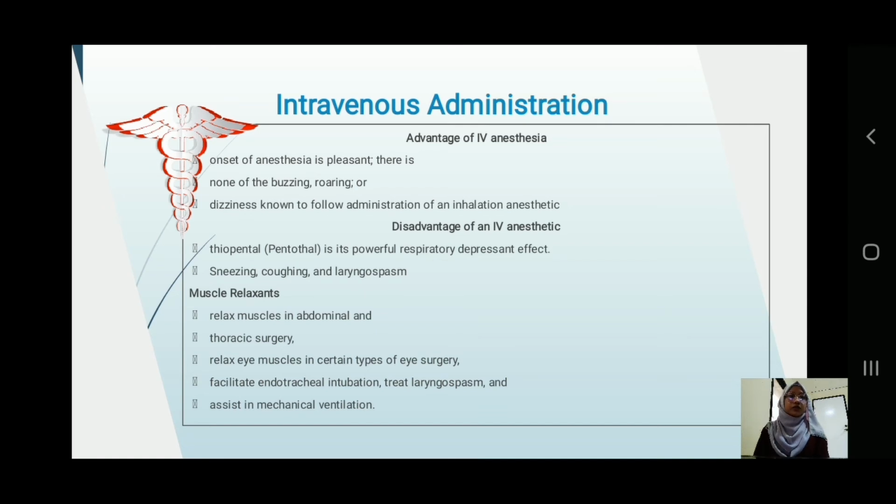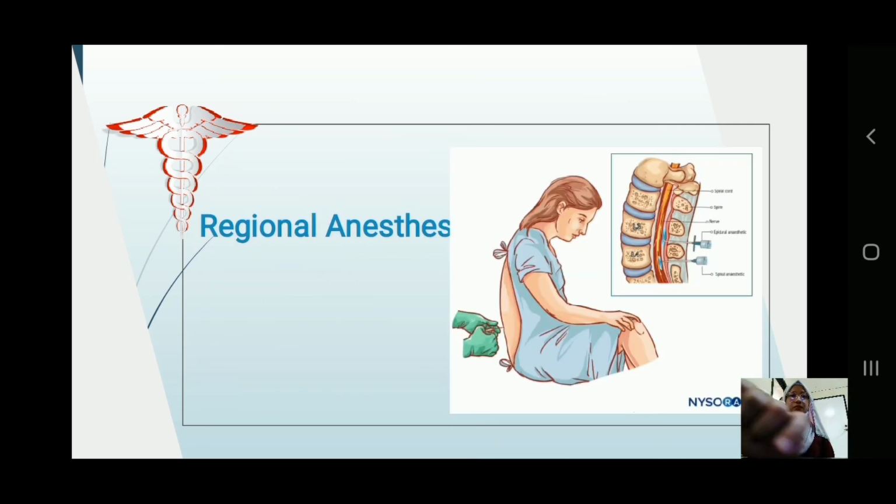The disadvantage of an IV anesthetic such as thiopental or Pentothal is its powerful respiratory depressant effect, and sneezing, coughing, and laryngospasm. And muscle relaxants relax muscle in abdominal and thoracic surgery, relax eye muscles in certain types of surgery, facilitate endotracheal intubation, treat laryngospasm, and assist in mechanical ventilation.